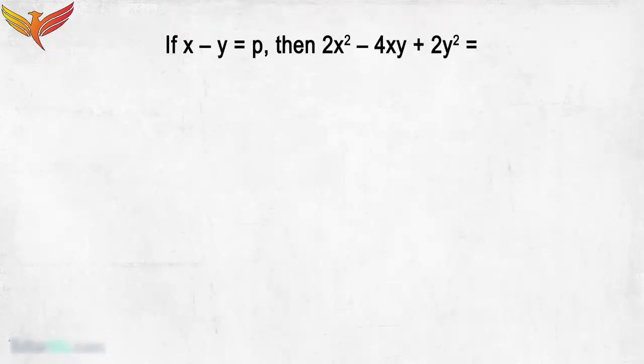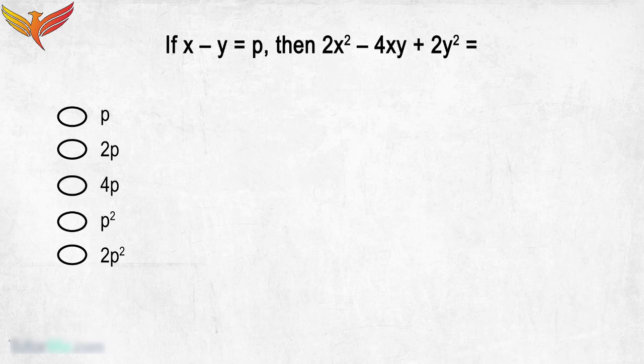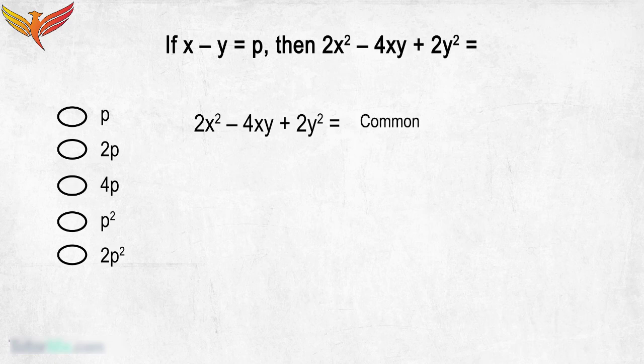Let's take a look at an example problem. If x minus y equals p, then 2x squared minus 4xy plus 2y squared equals... We can start this one by factoring out the common factor, 2. Doing this leaves us with 2 times x squared minus 2xy plus y squared.